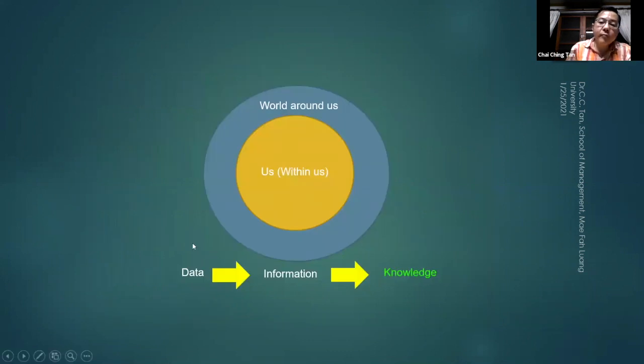So intuitively, you will see that research is getting a good understanding about the world around us and also about us. What is our feeling? What do we think about? How do we think? Sometimes we collect data, we interview the managers. How do you think about this issue?